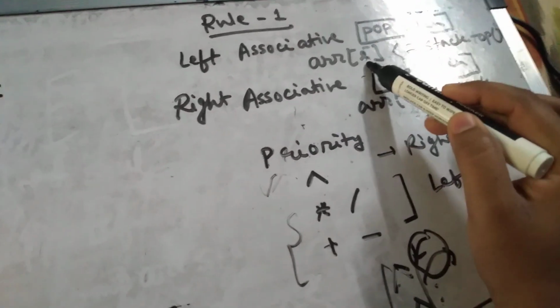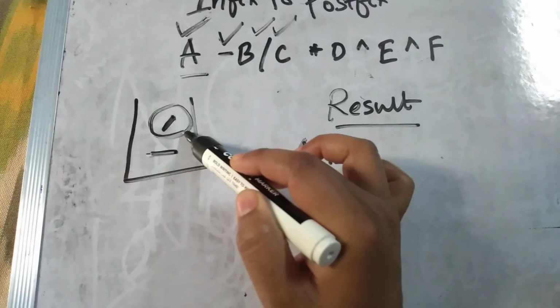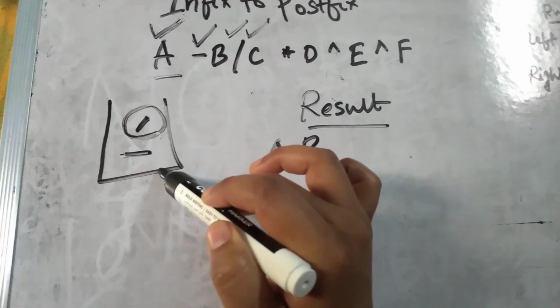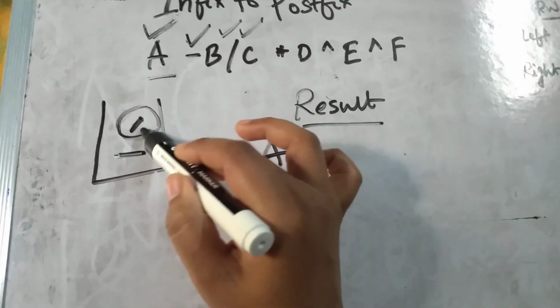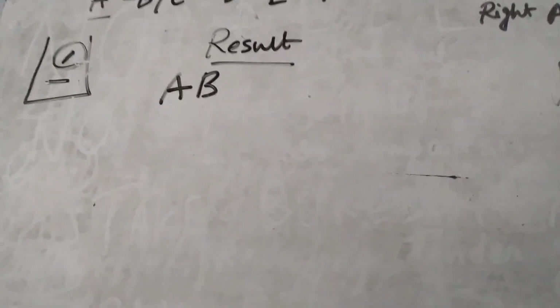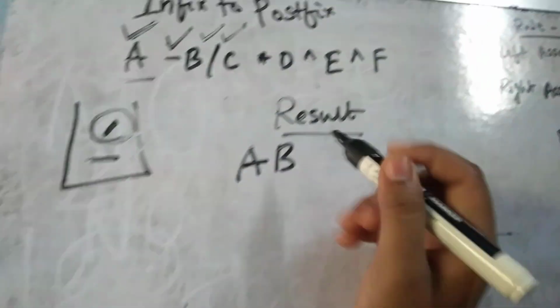This is the array of i, checking whether I am less than or equal to minus or not. It asks: am I less prior than you? No. In the priority order, the division operator has higher priority than the minus operator. So it is placed. There is no pop operation.